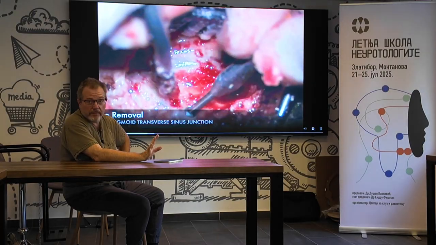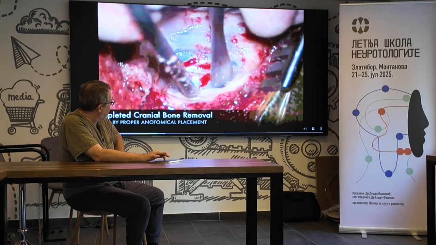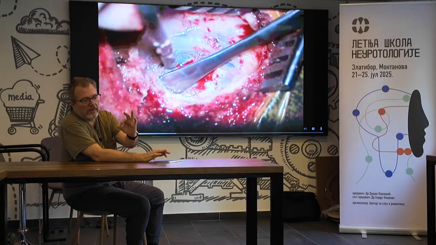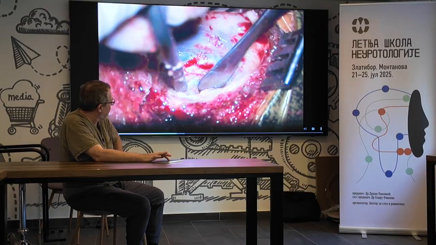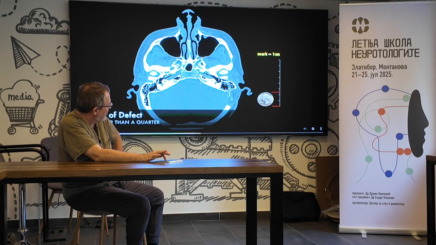And this is enough to do a microvascular decompression. You don't have to repair this with anything because it's only about the size of a euro coin. I open this up, you can see the sigmoid sinus here, and this is a US quarter. So the whole surgical defect is about the same as a quarter.